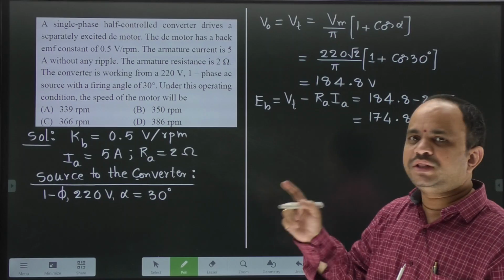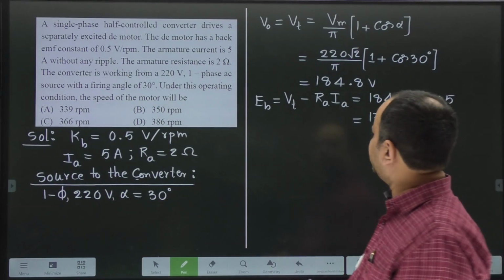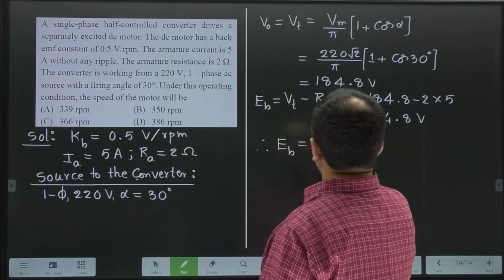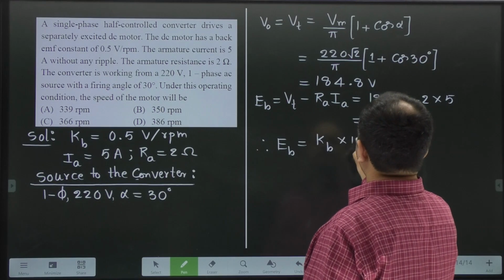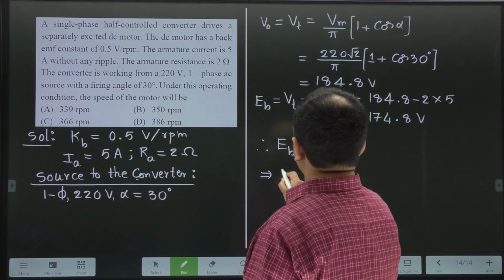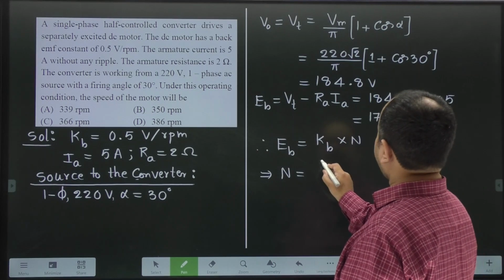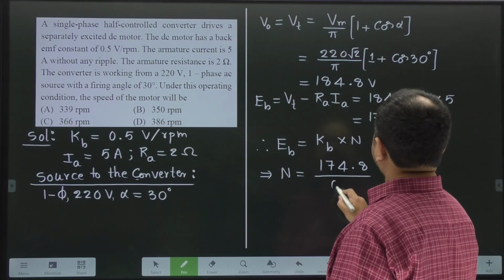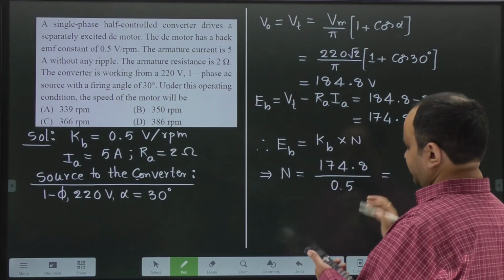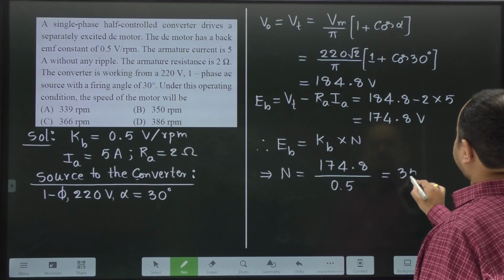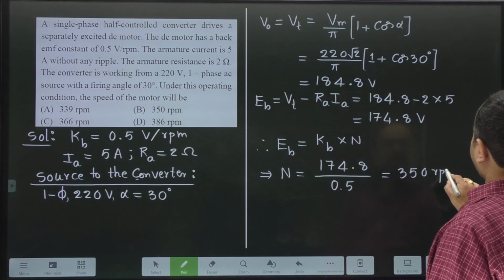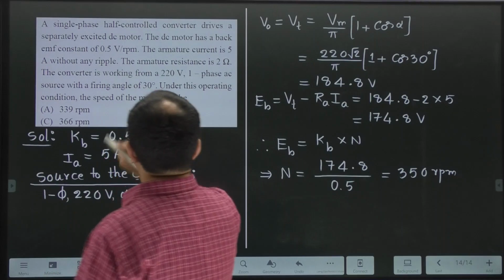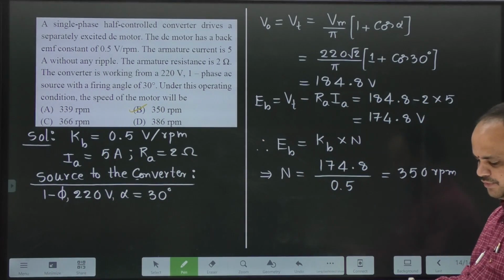For every 1 volt, the back EMF is 0.5 volt. Therefore, how can you express this EB? KB multiplied with the speed. So, N is equal to EB divided by 0.5, 174.8 divided by 0.5, 349.6. You can say approximately 350 RPM. So, 350 RPM, that is the answer.